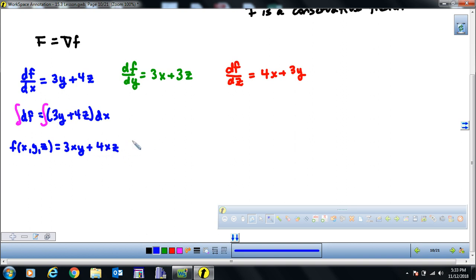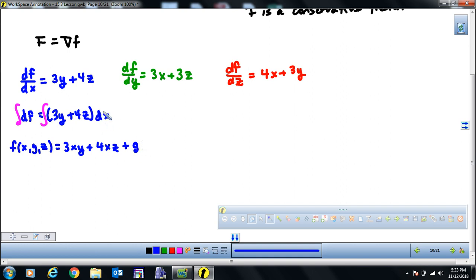And according to the properties of indefinite integrals, that's going to be plus, since this is a function of 3 variables and we're integrating with respect to x, this last value is not necessarily a constant. It could be a function. I'm going to call it some function g.